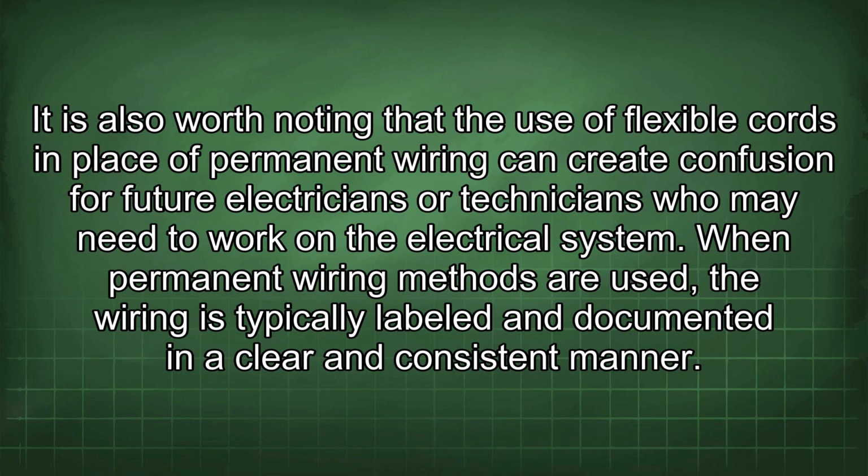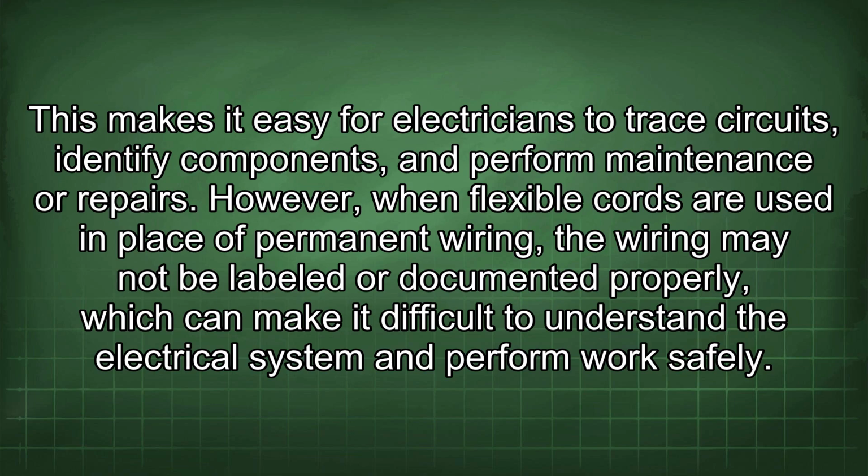It is also worth noting that the use of flexible cords in place of permanent wiring can create confusion for future electricians or technicians who may need to work on the electrical system. When permanent wiring methods are used, the wiring is typically labeled and documented in a clear and consistent manner. This makes it easy for electricians to trace circuits, identify components, and perform maintenance or repairs.